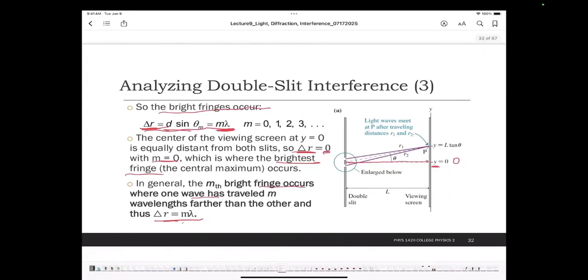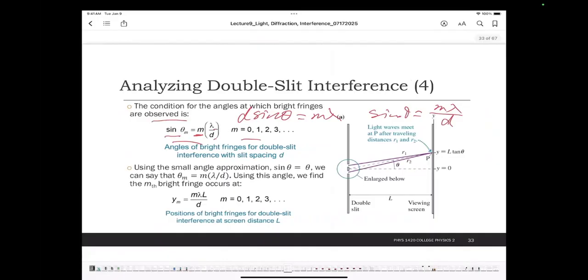Okay, let's continue. Using the small angle approximation. Yeah, we used this before, in chapter 14. If this angle theta is very small, we can use the small angle approximation, sin theta equals theta.